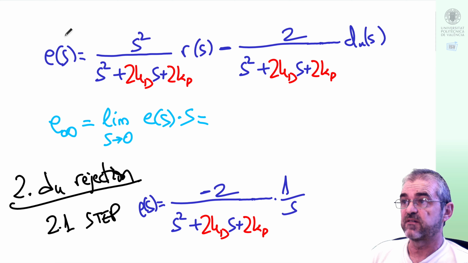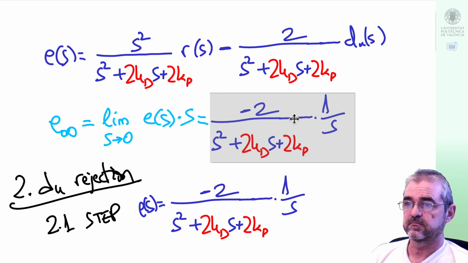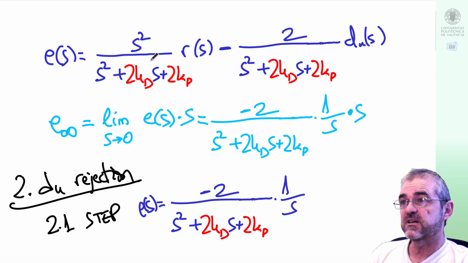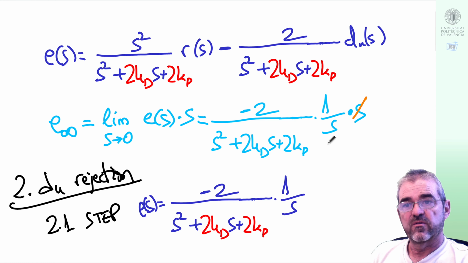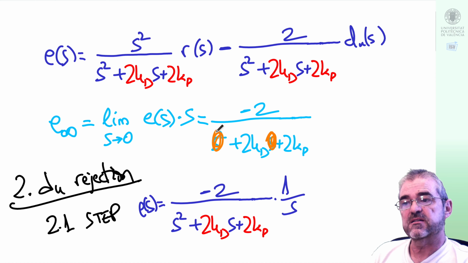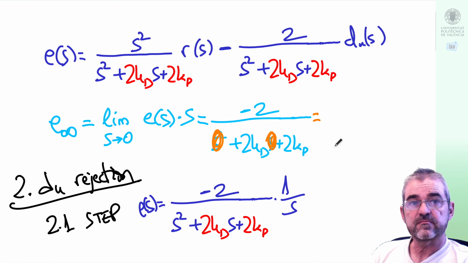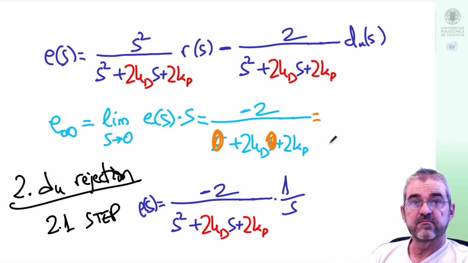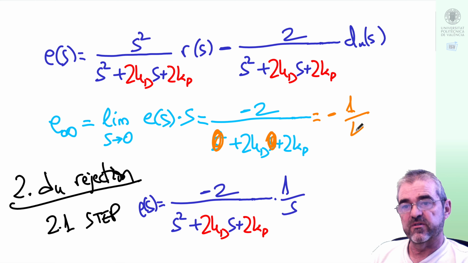So applying final value theorem, I copy this times s. Now this can be simplified with this, so it disappears, and letting the remaining s tend to 0, my error will be 2 over 2 Kp. So, well, this minus 1 over Kp.